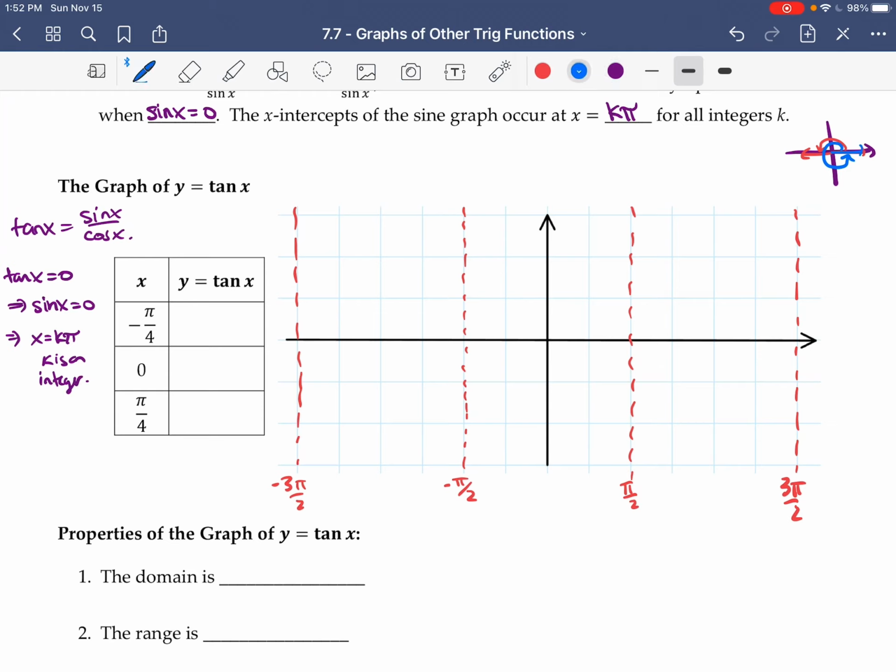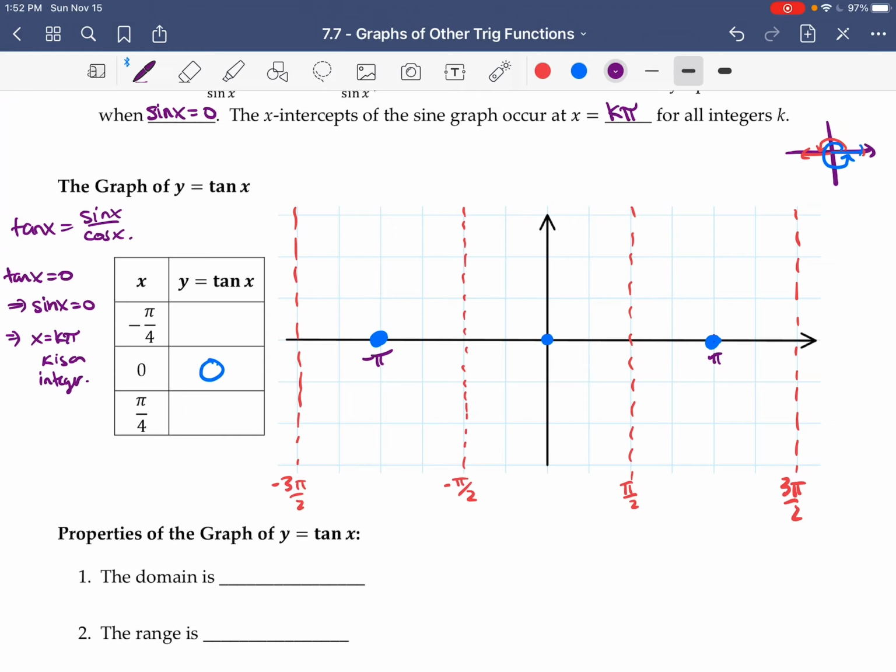Okay, so for instance, at 0, that's 0 times pi. Tan is going to be 0. Okay, so I have a point at 0, 0. I'm also going to have a point, so halfway between pi by 2 and 3 pi by 2 is pi. Okay, and here I'm going to have negative pi. I'm also going to have zeros there. Okay, so those are all the places where it's 0.